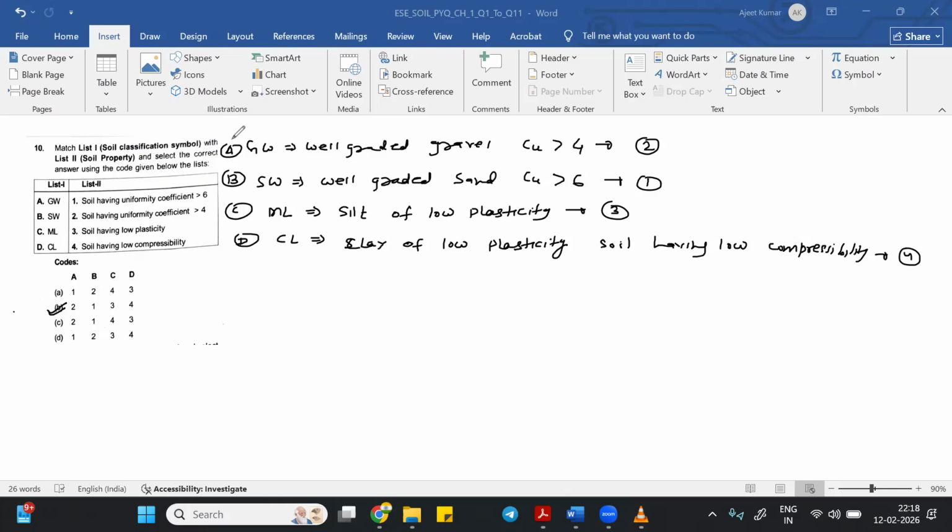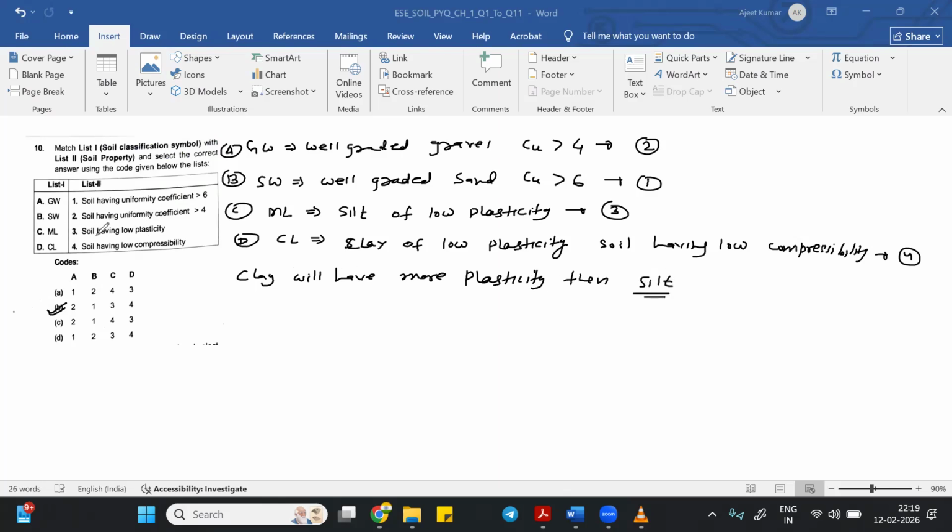So in terms of plasticity, clay has more plasticity than silt. Clay will have more plasticity than silt.